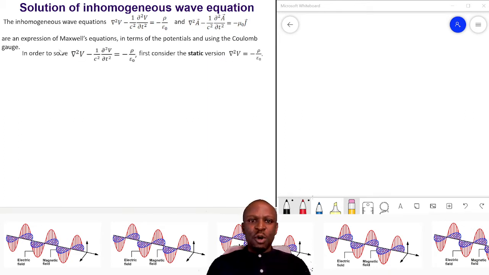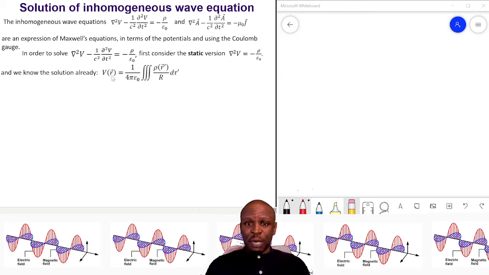In order for us to have this, first we need to consider the static situation. In the static case, this term here will vanish, this term here will vanish, and we end up with the Poisson equation. In the static case, the solution for the potential was just given by this. Remember, the potential was just a function of the position. In this case, we want to get the general solution where the potential is a function of the position and the time.